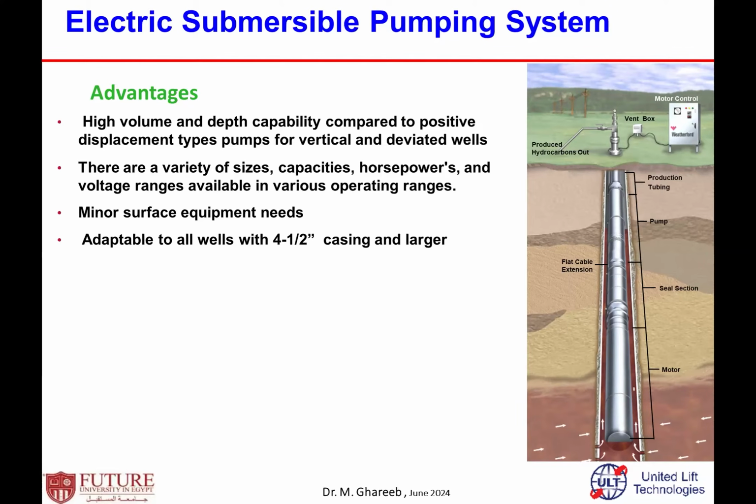It's minor service equipment; we'll see later what service equipment is used. This type of artificial lift can even be adapted to slim hole wells, run in casing up to 4.5 inches with special design for sure. It can also be run in deviated wells with a special design.